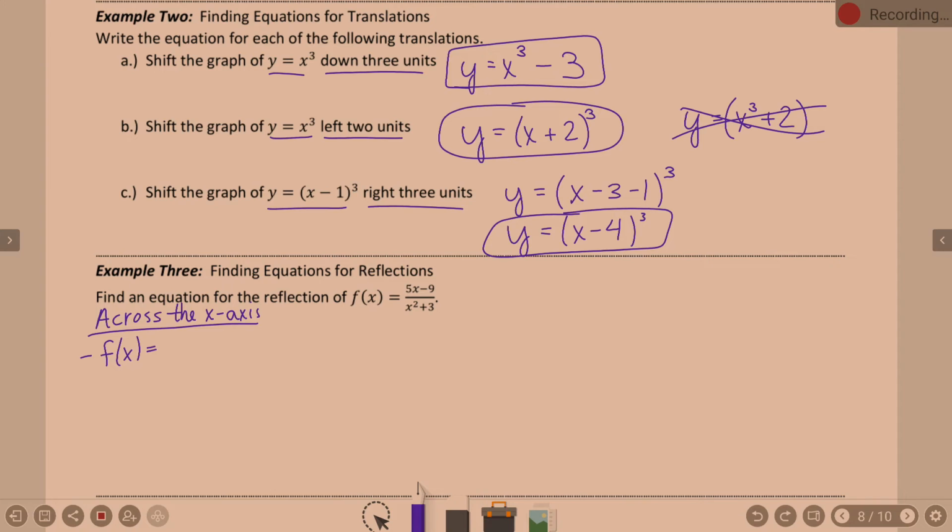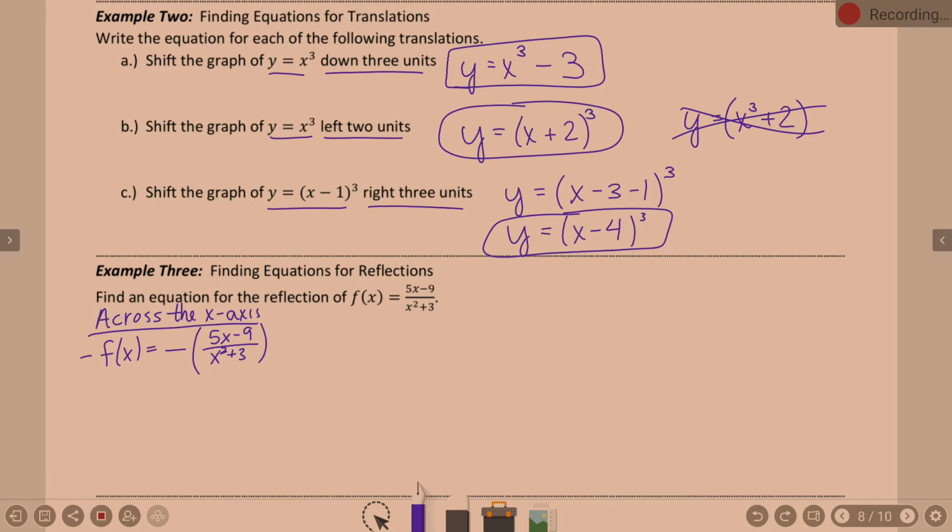Now, I'm going to start us off with the negative of, and I'm going to put in parentheses, 5x minus 9 over x squared plus 3. And this is a little bit different because it's a fraction, isn't it? If this was just the terms, you would just multiply each term by a negative. Because it's a fraction, what are options? How do I multiply a fraction by a negative?